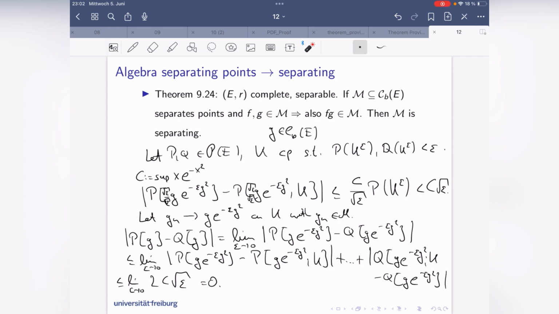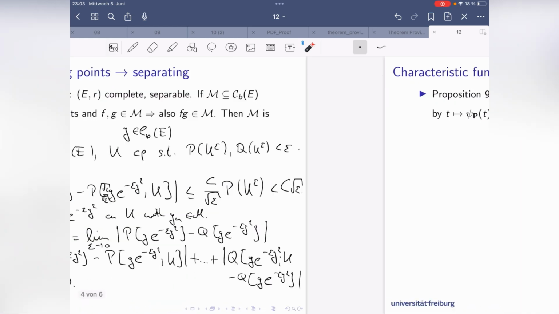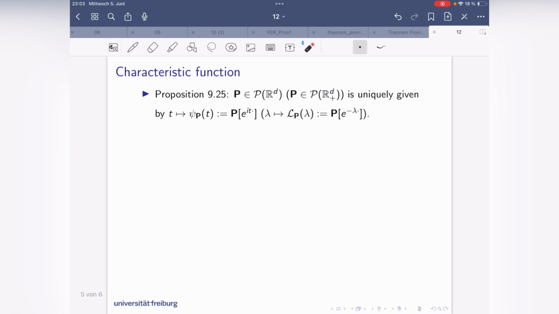Exactly. So well, that not only holds like this here. So there's an application, right? There's an application.